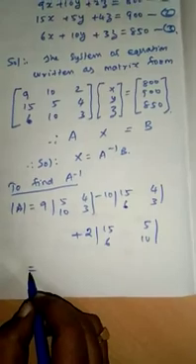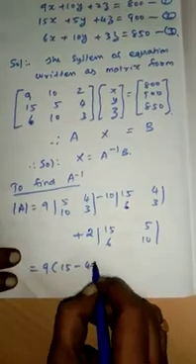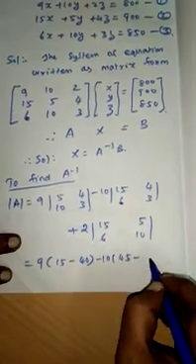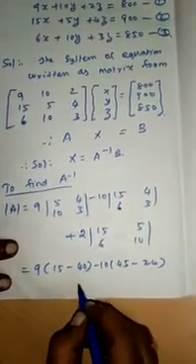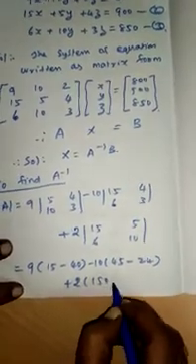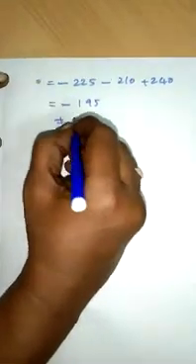Simplifying, we get 9 into (15 minus 40) minus 10 into (45 minus 24) plus 2 into (150 minus 30). Simplifying, minus 225 minus 210 plus 240. Therefore, simplifying, we get minus 195 not equal to 0.